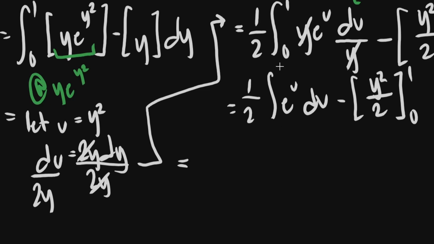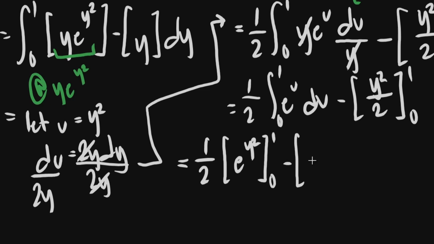The integral of e raised to u is just e raised to u. So 1/2 e raised to u, and u is y squared, so e raised to y squared from 0 to 1, minus y squared all over 2 from 0 to 1. We're just going to substitute it.